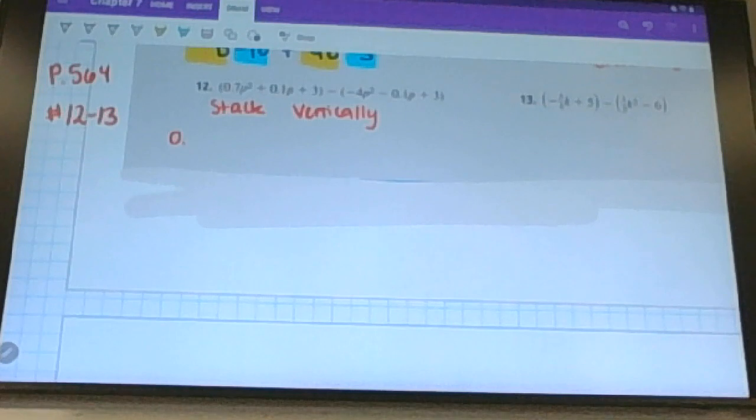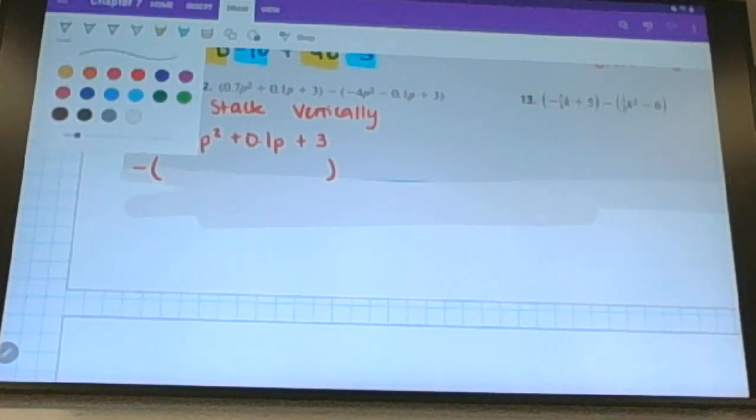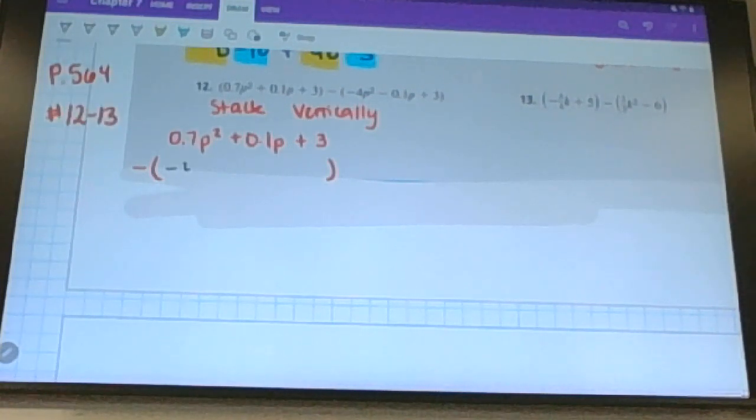So it's 0.7p squared plus 0.1p plus 3 minus negative 4p squared, 0.1p plus 3. Wow, these are very similar.